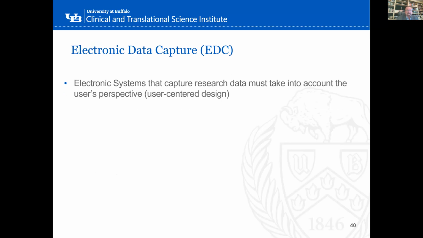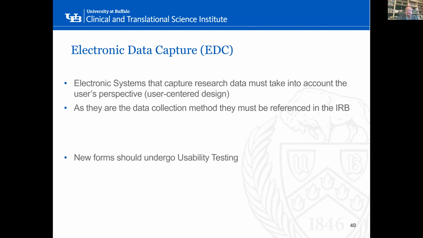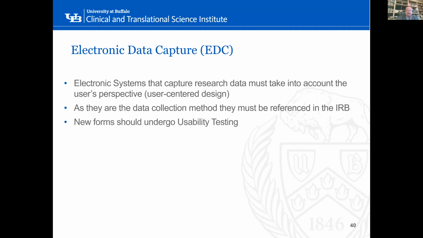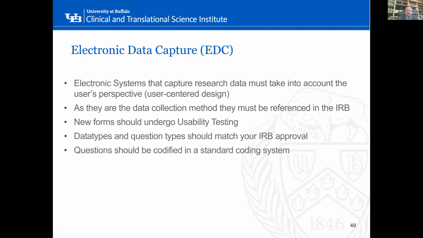So electronic data capture systems take in the data from the patient during the study, and they account for the user's perspective, so they should be built with user-centered design. As they are the data collection method, they must be referenced in the IRB, and new forms should undergo usability testing. So if you change it, you have to retest. Data types and question types should match your IRB approval.